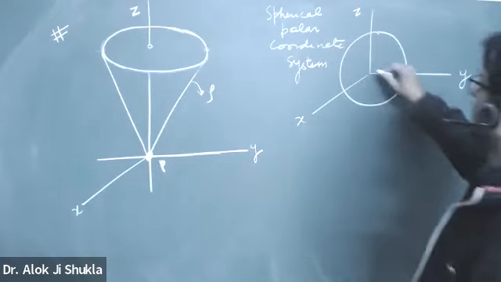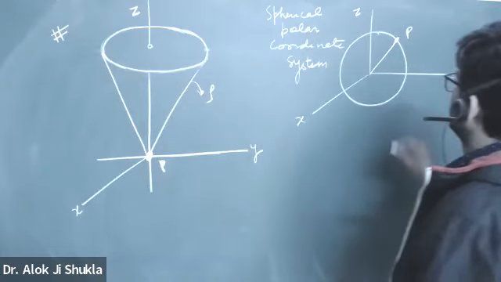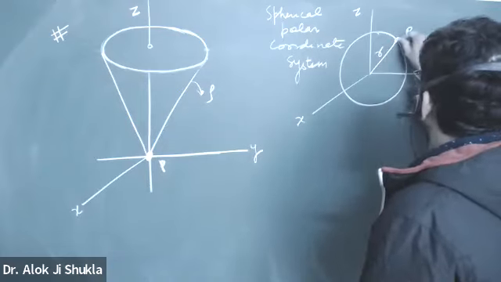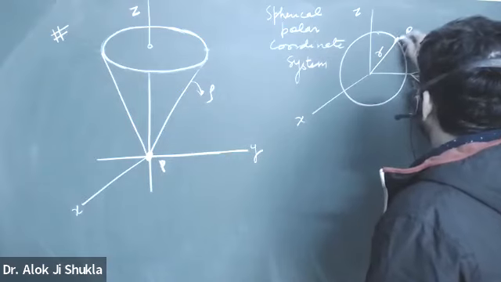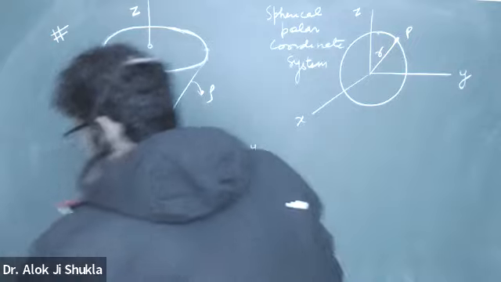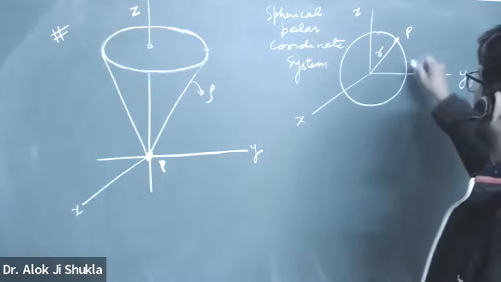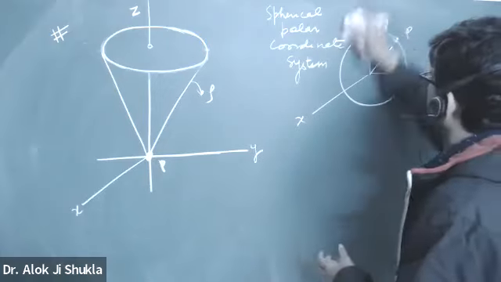This is a point P at the sphere. This is R. Otherwise वो समझने में दिक्कत होगी.